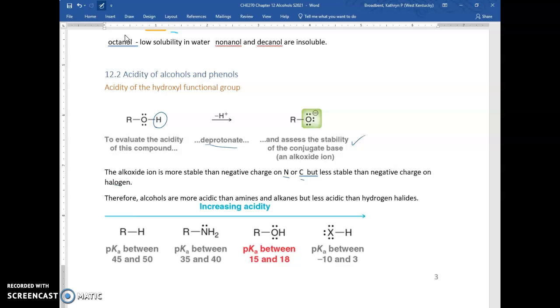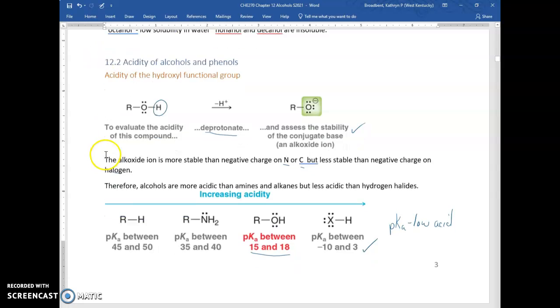So low pKa, it's acidic. And so the pKa for the halogen is the lowest. The pKa for an alcohol is somewhere in between, and nitrogen and alcohol are not very acidic at all.